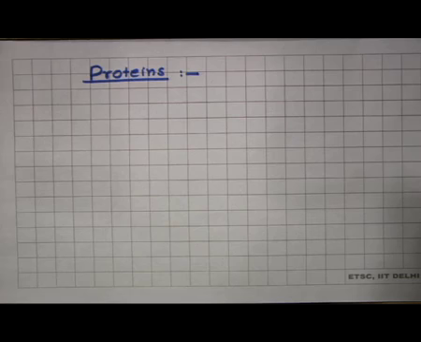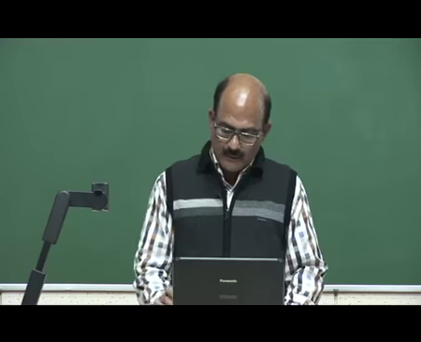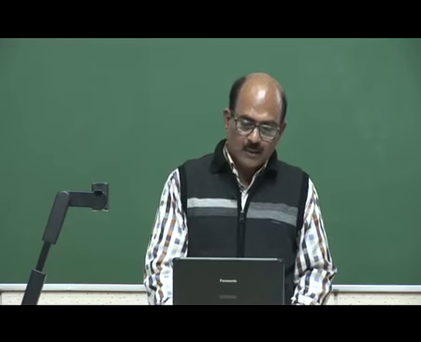Chief sources of proteins are milk, cheese, pulses, peanut, fish, meat. They occur in every part of our body and form the fundamental basis of structure and the functions of life. They are also required for the growth and maintenance of the body. So, it is called the building block element of our body.